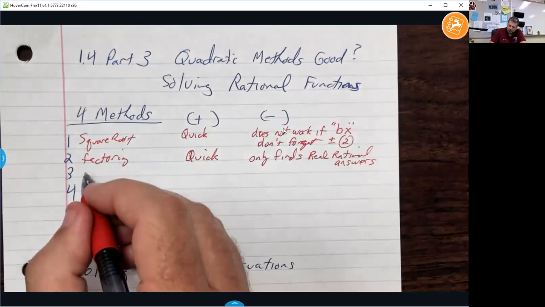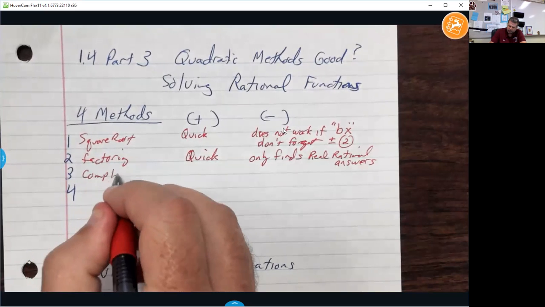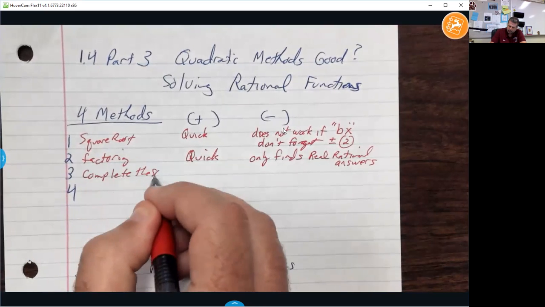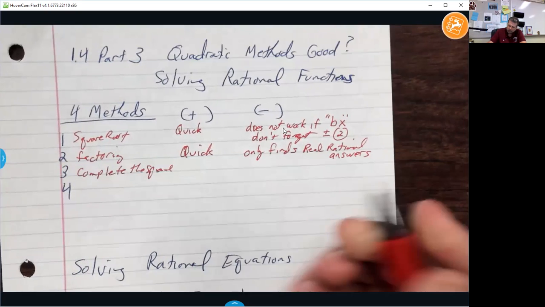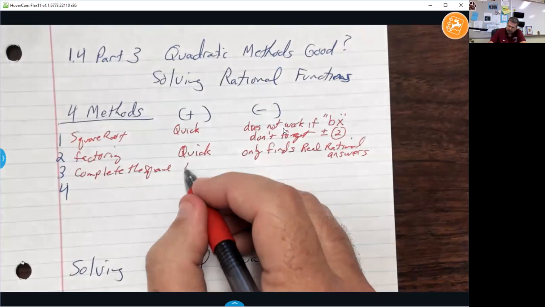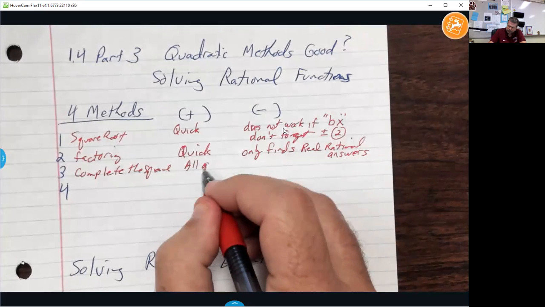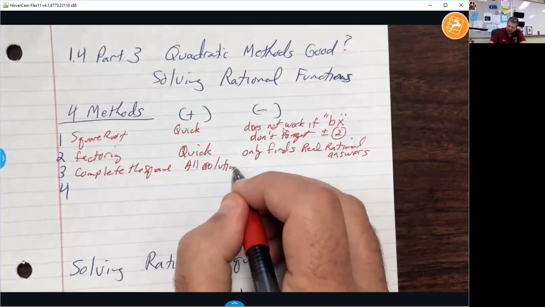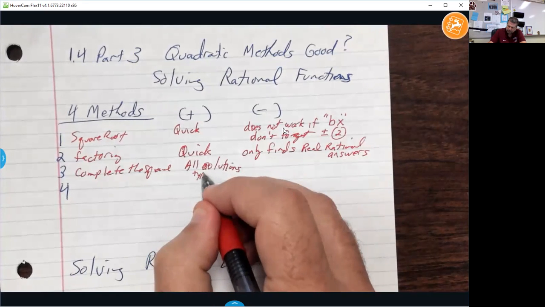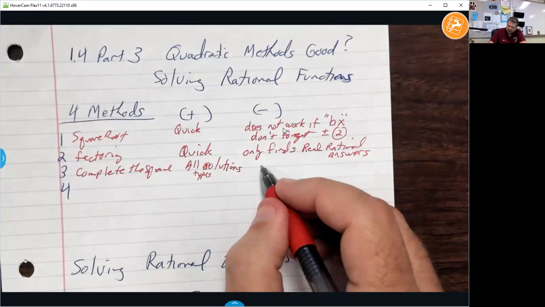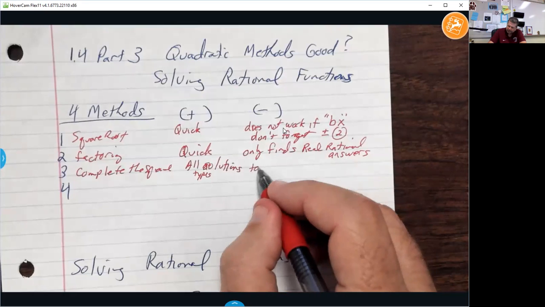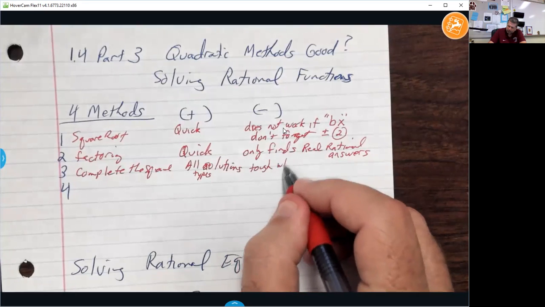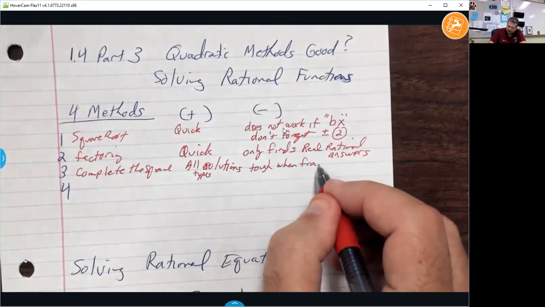Third one we talked about was completing the square. The plus is it finds all answers, all solutions, all types. The con, it's tough when there are fractions.